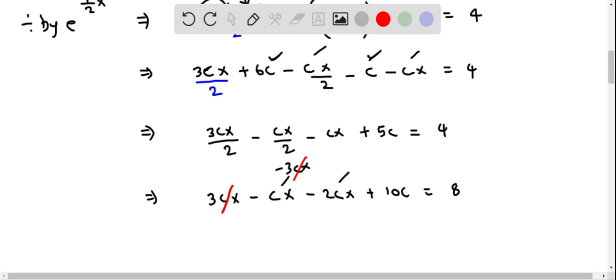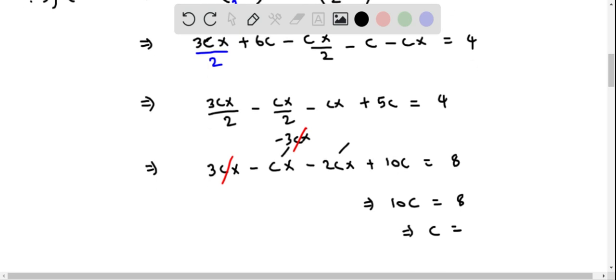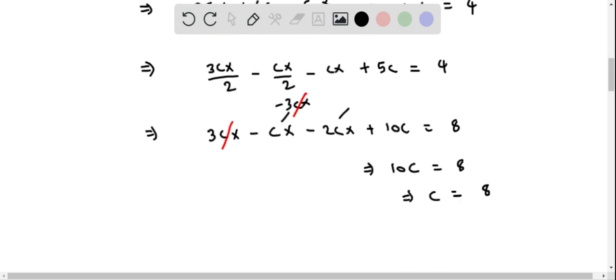And so we are left with only 10c on the left side, and this equals 8. So solving for c, we get c equals 8 by 10, or otherwise this is 4 fifth. So we have determined the value of c equals 4 fifth.